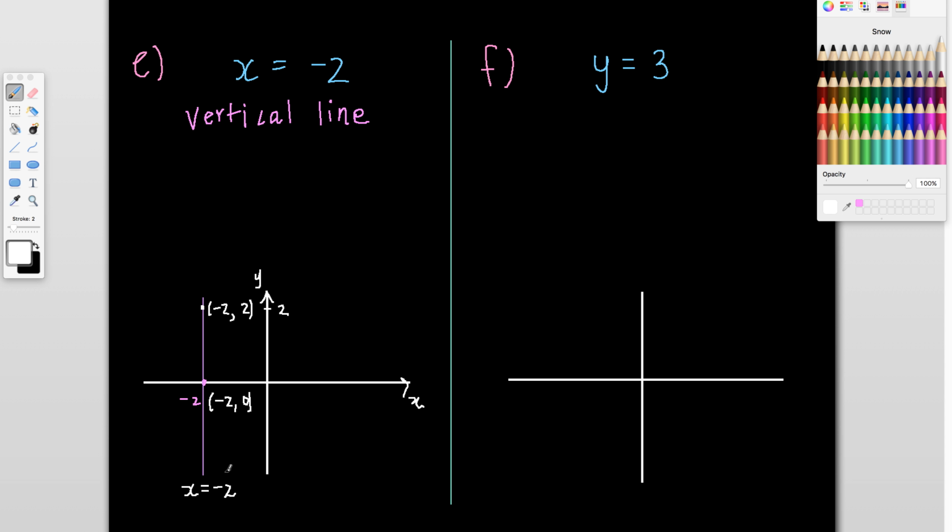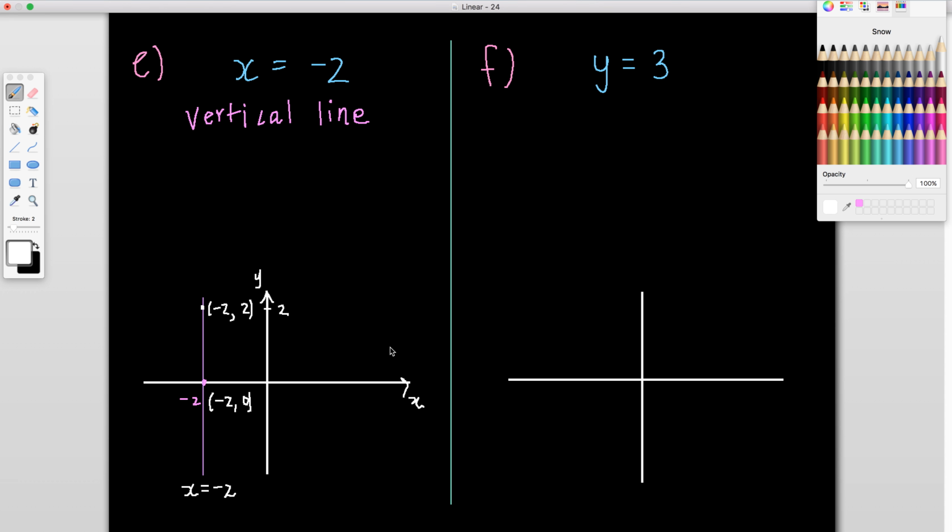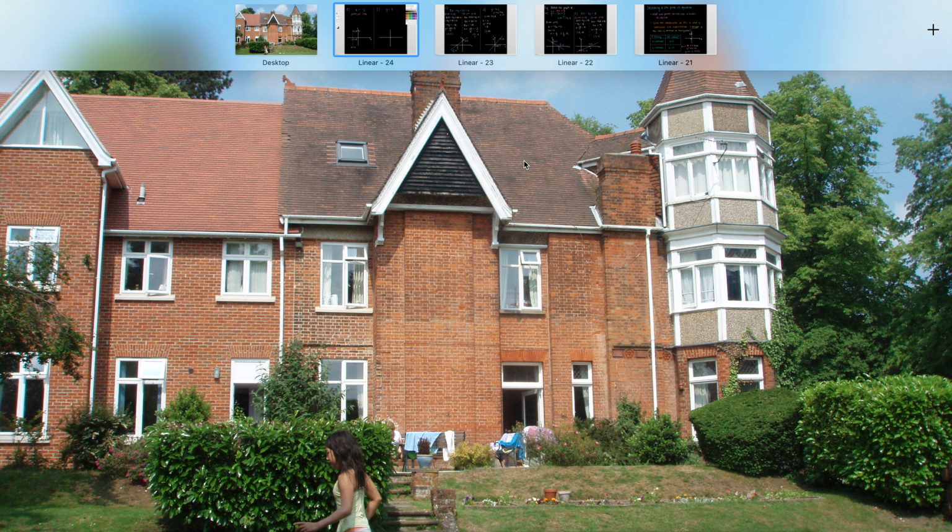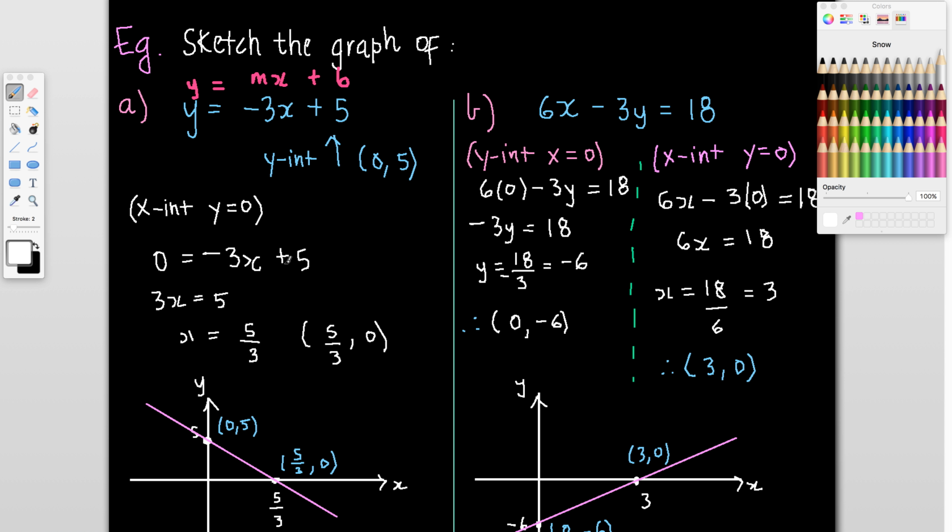Now, that's one thing that I have forgotten in terms of my line. I have not labeled them, which is very silly of me. If I go back to this one, it is, of course, conventional to write the rule for the line, especially later on when we start graphing more than one line on a Cartesian plane. It's a good idea to get in the habit of labeling it.